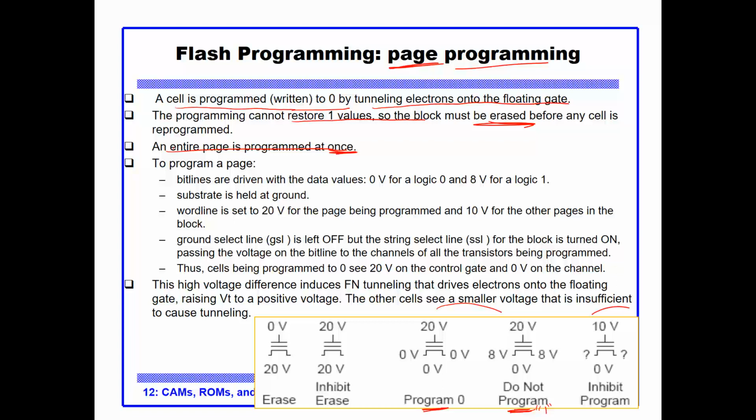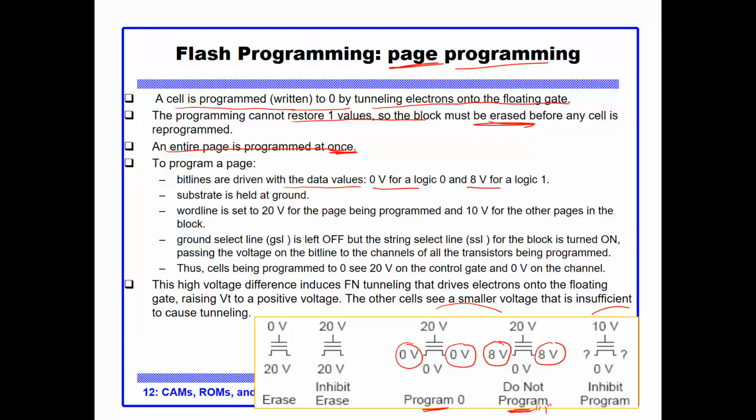In this case, the bit lines are driven with the desired data. If you want to program a 0, you drive 0 volts through the bit lines. If you don't want to program, meaning you want to keep a 1, you drive 8 volts through these bit lines, as it says right here.